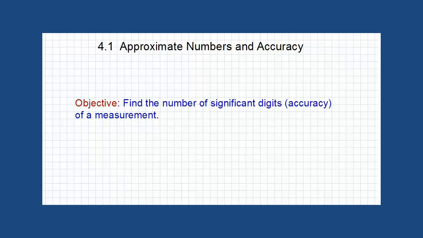An exact number is a number that has been determined as a result of counting, such as the number of present students, 1, 2, 3, 4, and so on. So these are exact numbers. So we can say that only counting numbers are exact. All measurements are approximations.